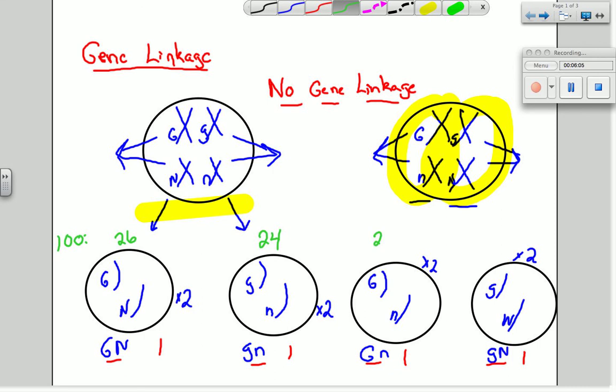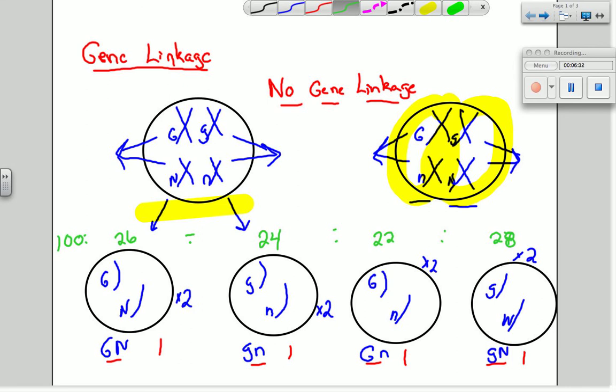This one had about 22, and this one 27, or rather 28. So if we add all of these up, we get 100 offspring. They're pretty equal proportions, pretty much 1 to 1 to 1 to 1. Very even. That would indicate to us, because these were found in these fairly even ratios, that these two genes were unlinked, found on separate chromosomes.